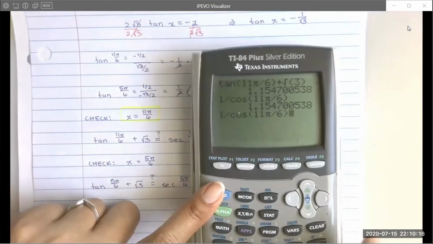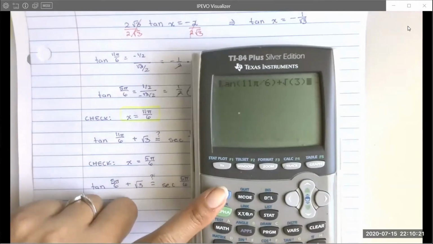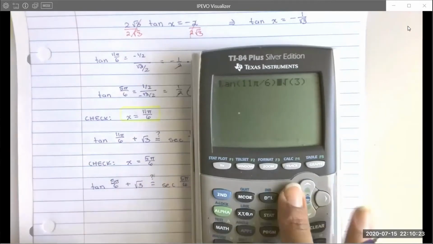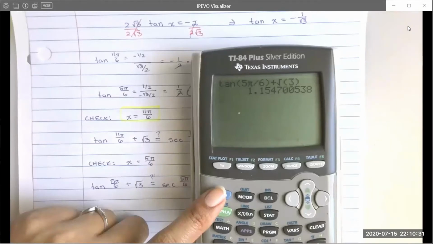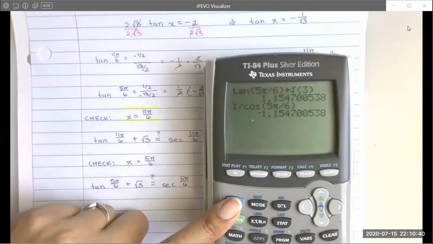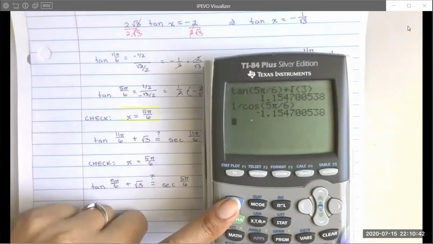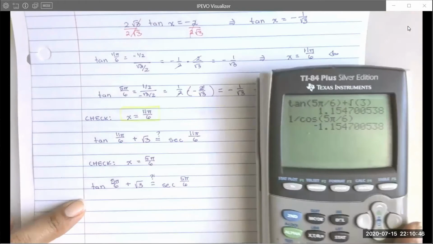I'm going to have the same expression, but replace the 11 with 5. And so that we're getting that answer, and the secant would be 1 over cosine of 5 pi over 6. And let's see, it looks like I'm getting a negative, so maybe I'm going to have to go back and double check that answer.